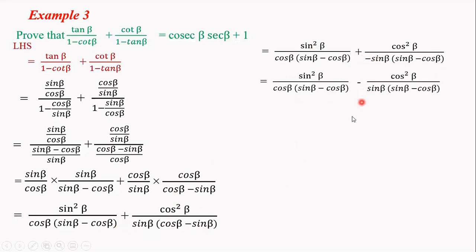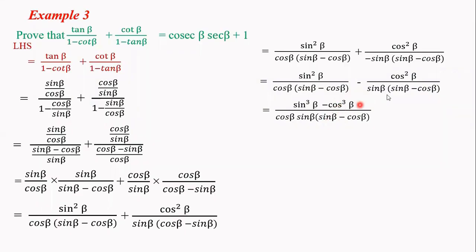It becomes minus here. And now the LCM portion is, we have sine beta, cos beta and sine beta minus cos beta. LCM is here. These two are common, so we have kept only ones, and cos beta and sine beta have nothing in common, so they will stay here. And to multiply with this sine square beta, we have this sine beta. Sine square beta is multiplied by sine beta.